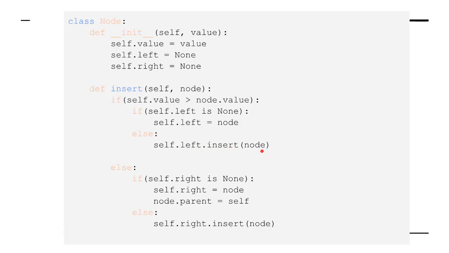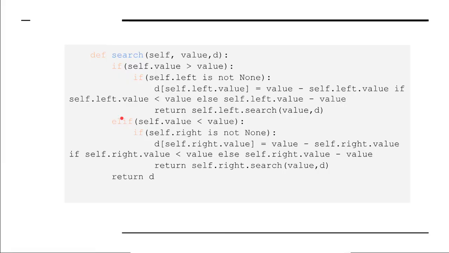If the node to the left is not null, we'll have to put the node further down in the tree, so for that I'm calling it recursively. This part is the continuation of the node class which we saw in the previous slide.